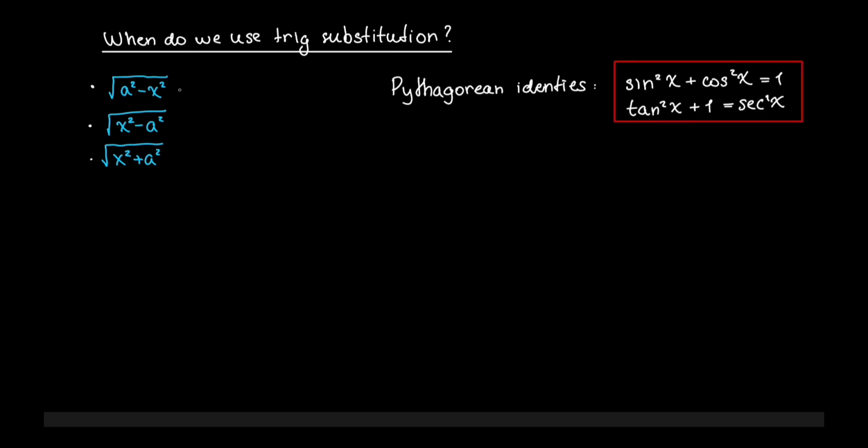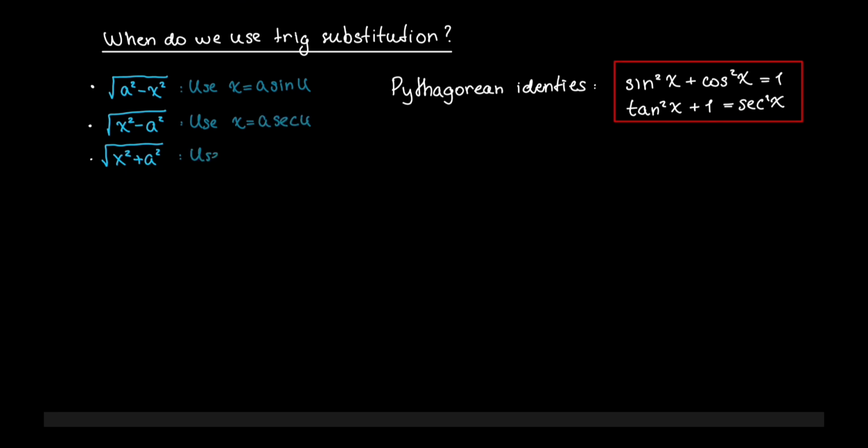So now the golden question is, for each of these formats, what substitution do we use? Well, for the square root of a squared minus x squared, we will always use x is equal to a sine of u. For the square root of x squared minus a squared, we'll always use x equals a secant of u.